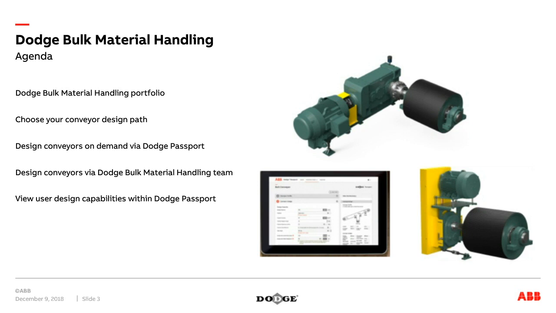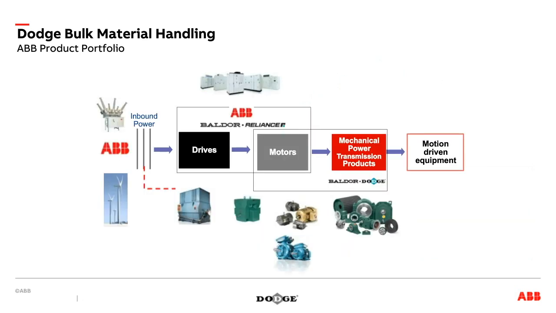Just to give everybody an understanding of the products that we'll be talking about, specific to the ABB product portfolio, as you can see here, there's a visual showing a manufacturing facility or a mine or quarry, paper mill, whatever it may be, but essentially where you have inbound power all the way through drives, controls, PLCs, motor control centers, electric motors, mechanical power transmission products, all the way to the motion-driven equipment, whether it be a conveyor, a pump, or a fan.